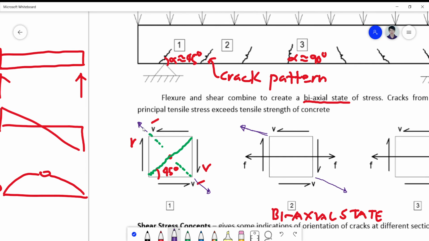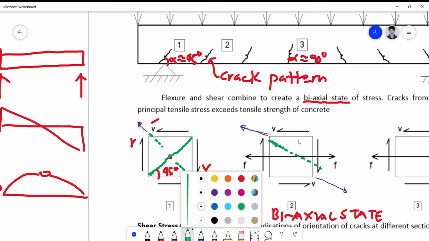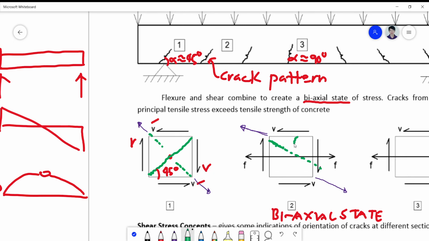resultant here a little bit flat, such that your crack now, if you are going to look at the extension of this axis, will now be perpendicular, a little bit vertical.